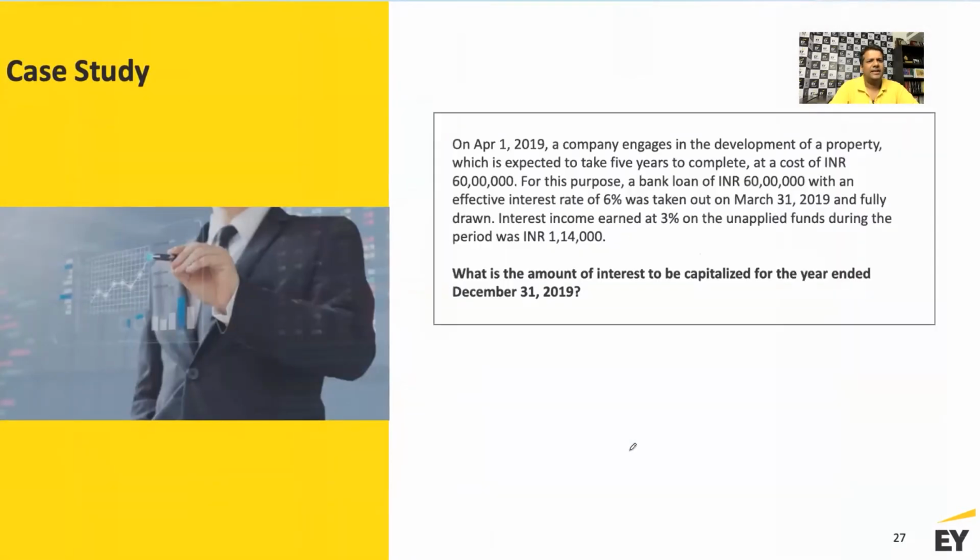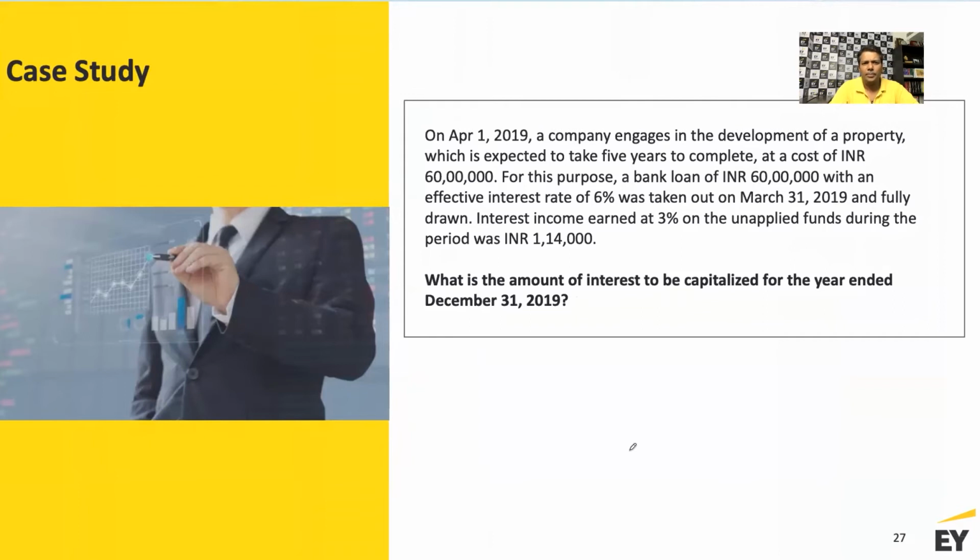Let's look at this case study. On April 1, 2019, a company engages in the development of a property which is expected to take 5 years to complete at a cost of INR 60 lakhs.